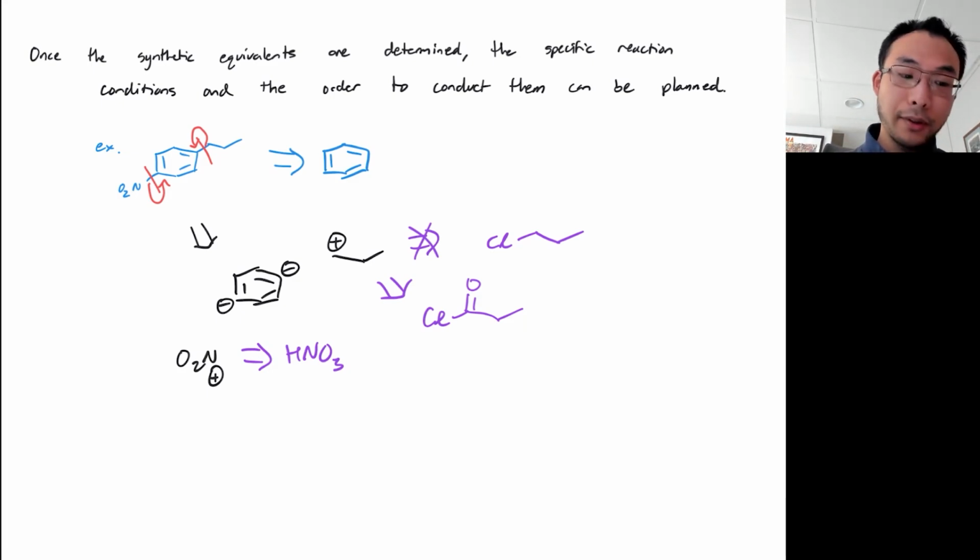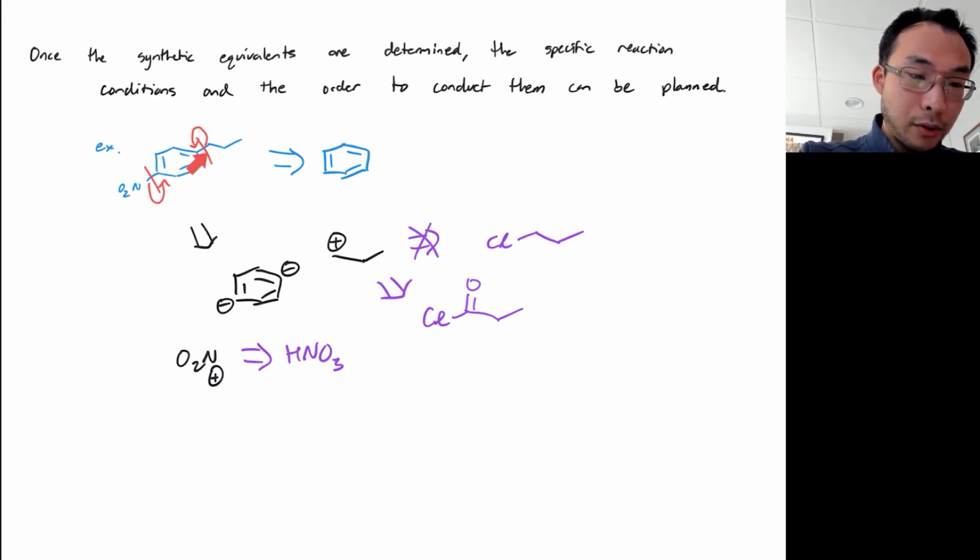So that means I've come up with 3 reactions, right? I need to do a nitration at some point, I need to do a Friedel-Crafts acylation, and a reduction of the ketone. At this point, I think I have all the reactions that I need, so then I need to go through and check the order in which I need to do those reactions. With aromatic rings, it's important to think about directing group effects.